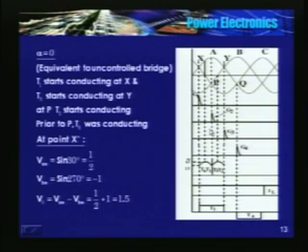Now let us see what happens after 30 degrees, in the sense just prior to triggering T2. At this instant T2 is triggered. What is the output voltage just prior to triggering T2? Still output voltage is VAN minus VBN. Immediately after, at P plus, output voltage is VAN minus VCN. Till P minus, output voltage is VAN minus VBN.